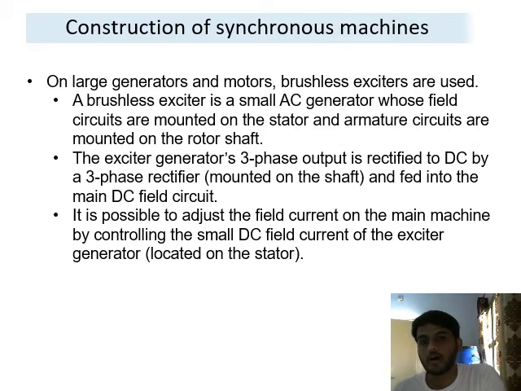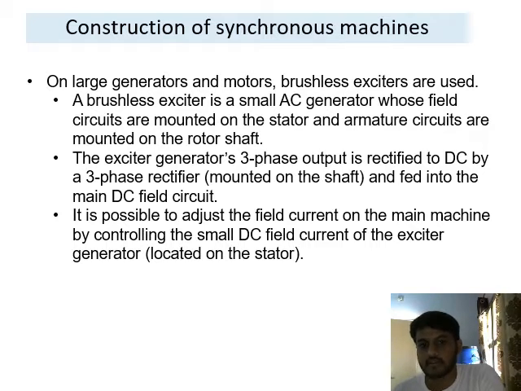For that purpose we use the brushless exciter. A brushless exciter is a simple AC generator whose field circuit is mounted on the stator and whose armature circuit is mounted on the rotor shaft. This is one arrangement to supply DC power to a large generator or motor.